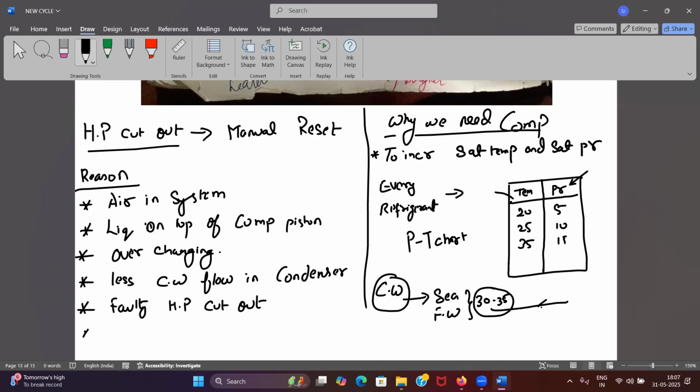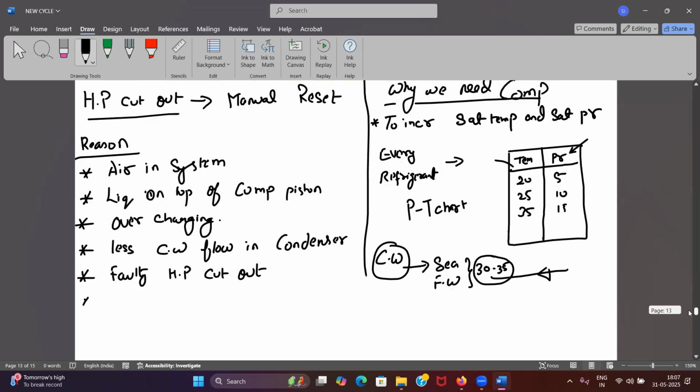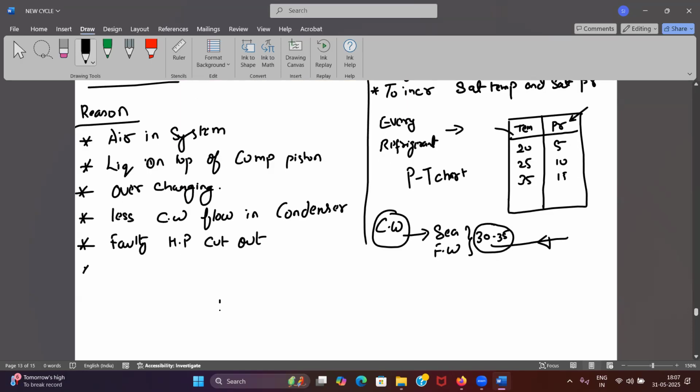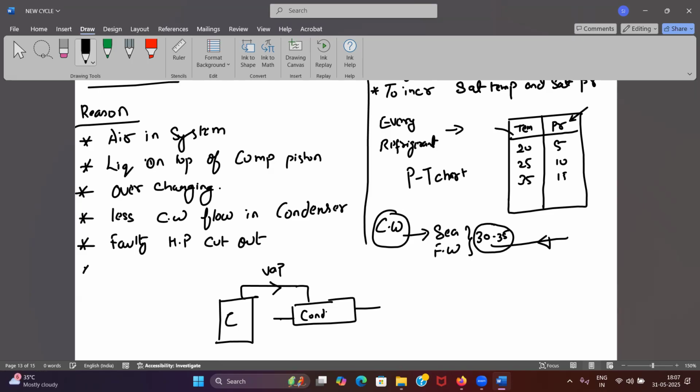I want my liquid to condense. In the condenser I have to condense it. What is the work of the condenser? The vapors are coming after the compressor. This is my compressor. After this compression it is vapors. I want to change it into liquid. Where do I change it into liquid? In the condenser. Now in the condenser I have the cooling media as water, which is, for example, 30 degrees Celsius at inlet.